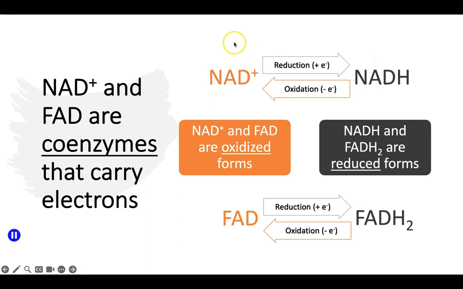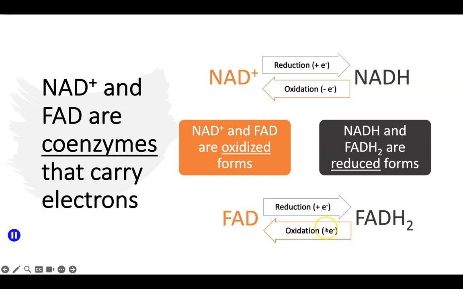So this cycle is going to happen in multiple locations within the cell, and it's going to contribute to different metabolic pathways. And you can see down here, FAD, it follows somewhat the same pattern. We've got FAD becomes reduced, so it gains an electron. Actually, it gains 2 electrons, becomes FADH2. FADH2 can become oxidized, loses those electrons, and becomes FAD.